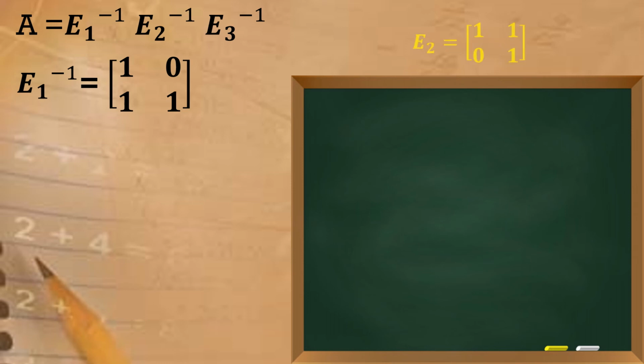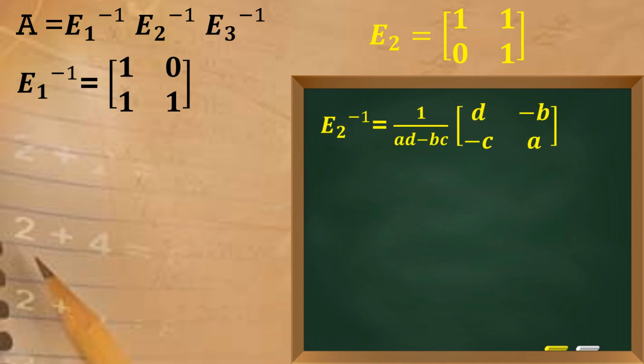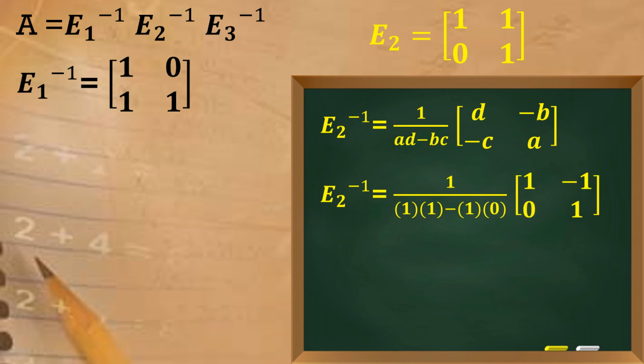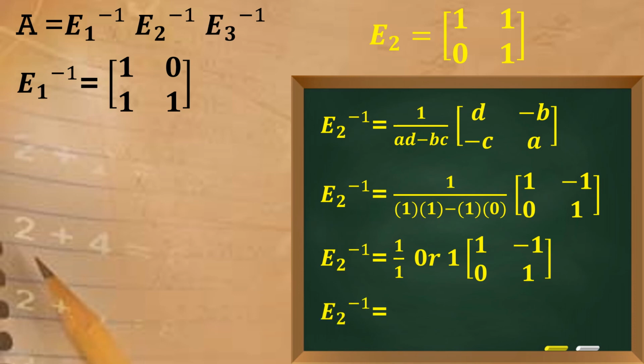Next is E sub 2, equal to [1, 1; 0, 1]. Using the same formula, E sub 2 inverse is equal to 1 over (1 multiplied by 1 minus 1 multiplied by 0) multiplied by the matrix [1, negative 1; 0, 1], equals 1 over 1, or 1, multiplied by [1, negative 1; 0, 1]. So E sub 2 inverse is equal to [1, negative 1; 0, 1].